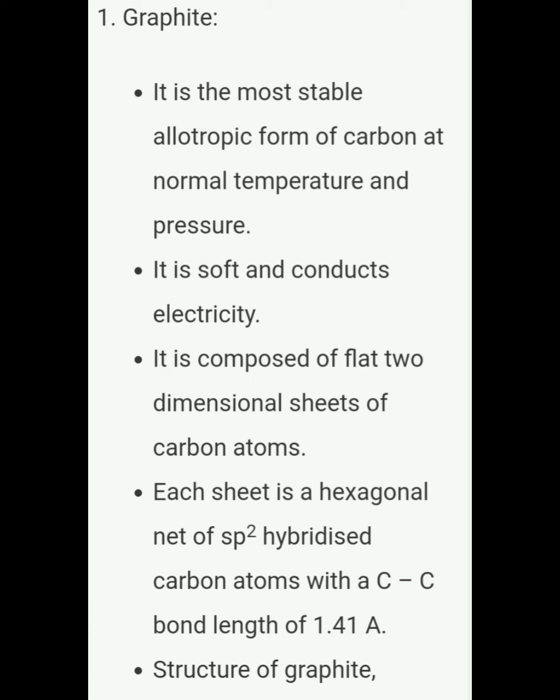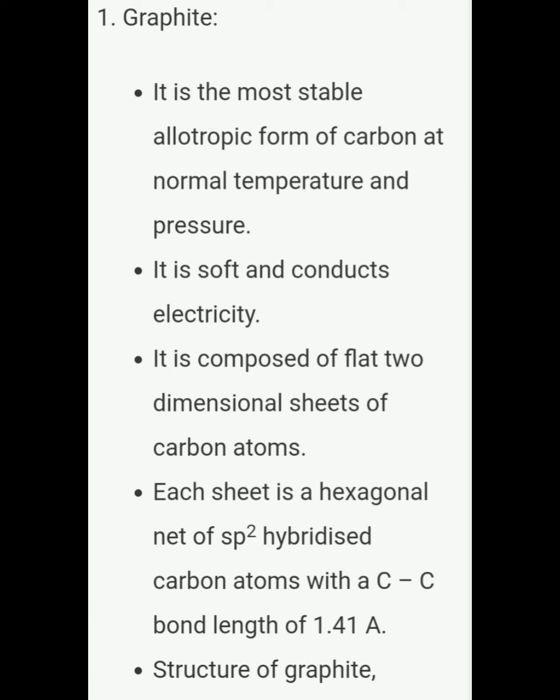It is composed of flat two-dimensional sheets of carbon atoms. Each sheet is hexagonal in nature. That means its structure is hexagonal in shape. In the next picture, I will show the structure of graphite. Each sheet is a hexagonal net of sp2 hybridized carbon with the C-C bond length of 1.41 angstrom.